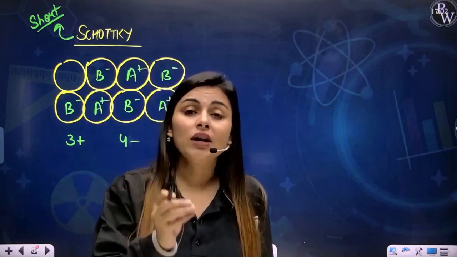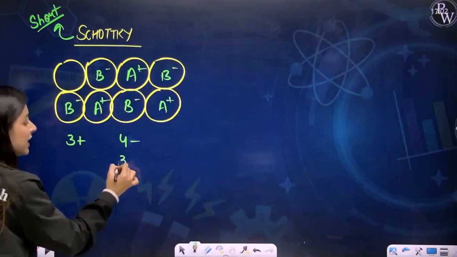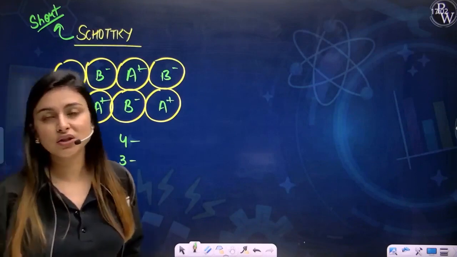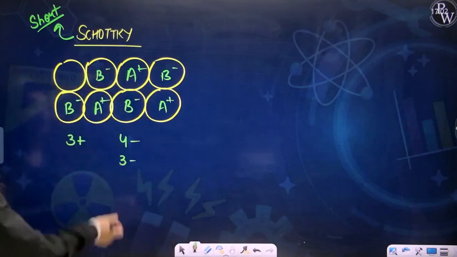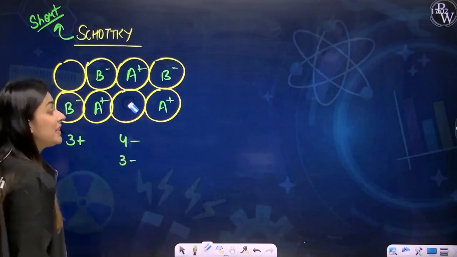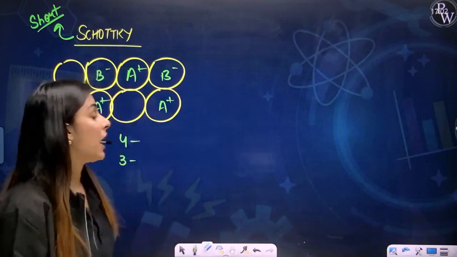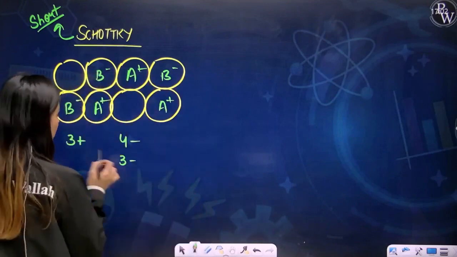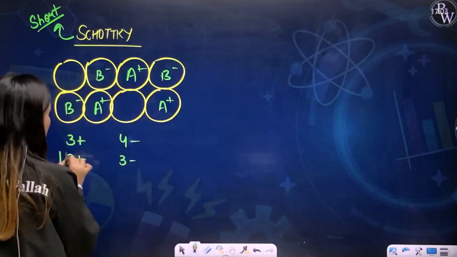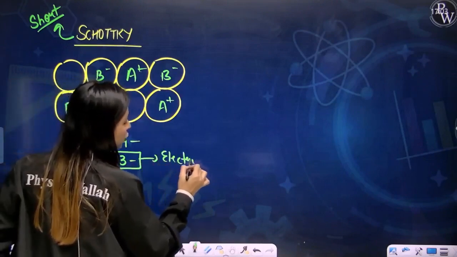Now, for the electrical neutrality to be maintained, you need 3 negative charges and not 4. So what happens is when one A plus leaves, one of the B negative also leaves because it has to maintain the electrical neutrality. And now if you see, you have 3 negative charges and you have 3 positive charges. So there is electroneutrality.